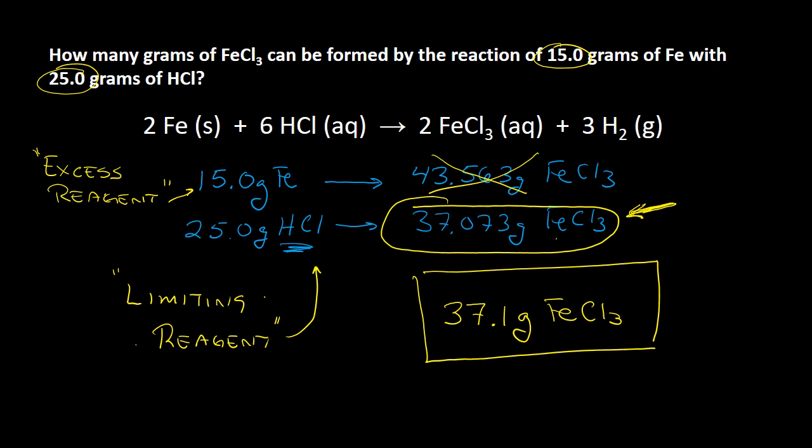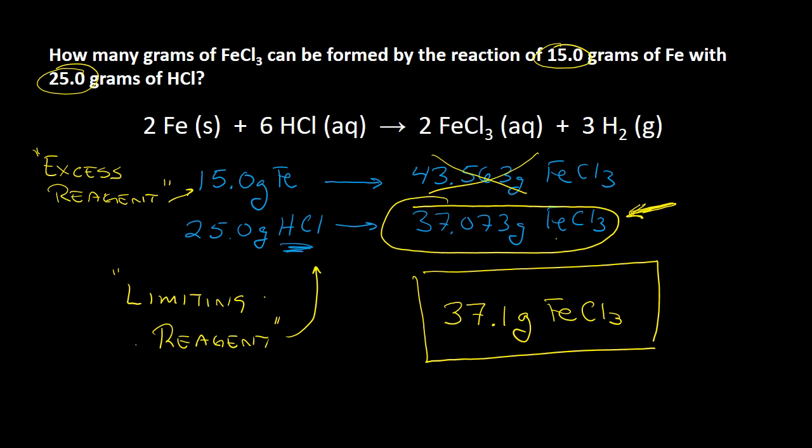Okay, when you have one like that, again, the plan is take the first reagent, assume that it's the limiting reagent, even though you don't know whether it is or not. Figure out how much product you can make. Then take the second reagent, assume that it's the limiting reagent, see how much product you can make. Whichever one of those gives you the least amount of product, that's the limiting reagent, and that's how much you can make.